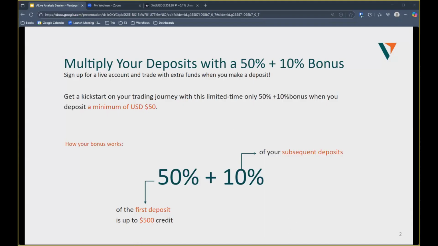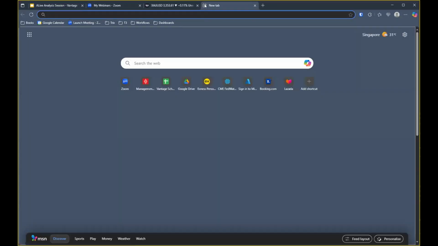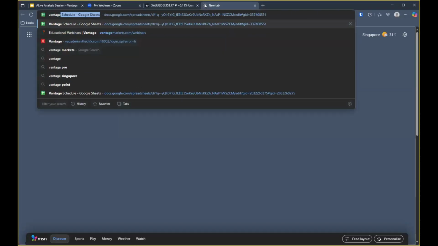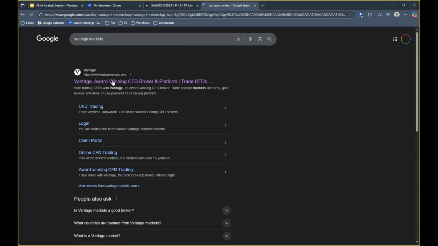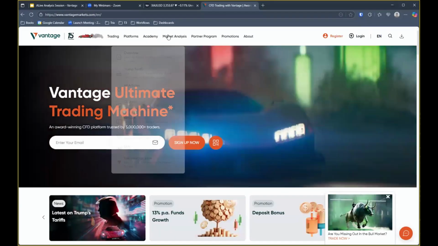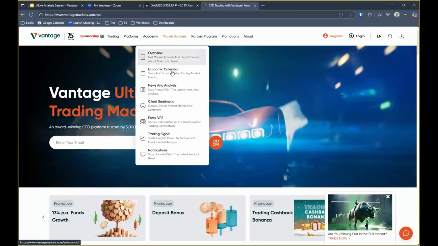So we're going to use a little bit of the AI stuff to look at what NFP and ISM are. But for those of you who are looking at events, you can go to the Vantage website, search for Vantage Markets, and on the top bar, under market analysis, you have your economic calendar.